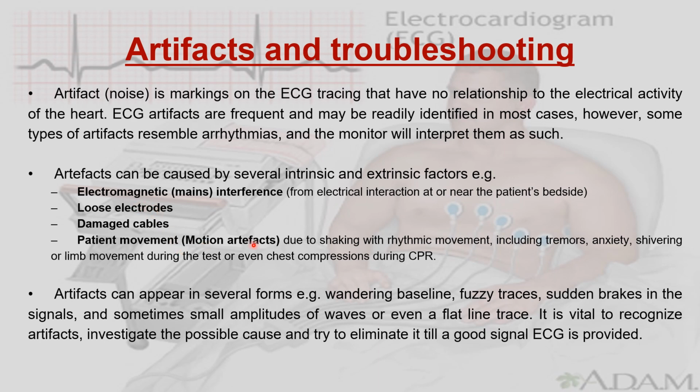Some patients, like those with tremors or Parkinsonism or abnormal movement, are not still, so the electrode will not be good. Sometimes if the patient has his mobile near him or is wearing any metal things, this also causes artifacts.